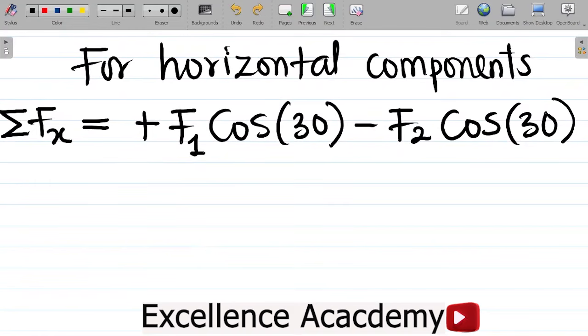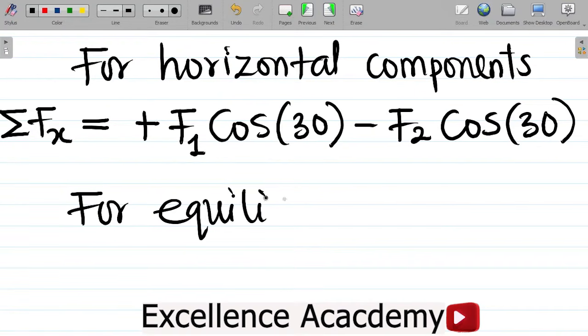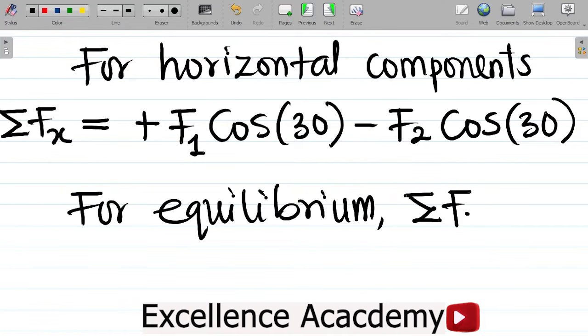Now the next thing to note is that for equilibrium, the sum of horizontal components should be equal to 0. That means F1 cosine 30 minus F2 cosine 30 is equal to 0.